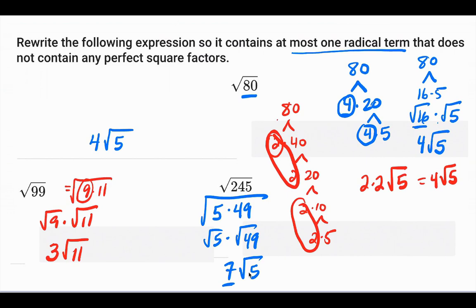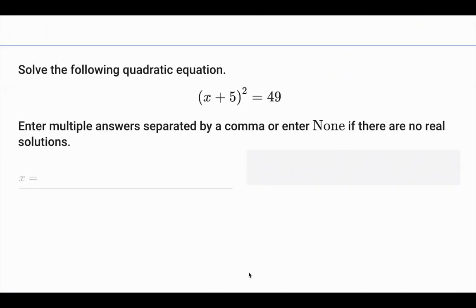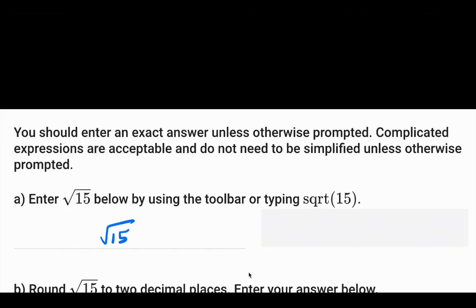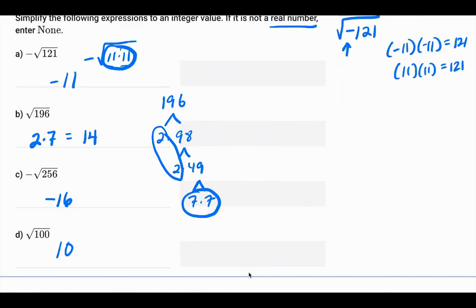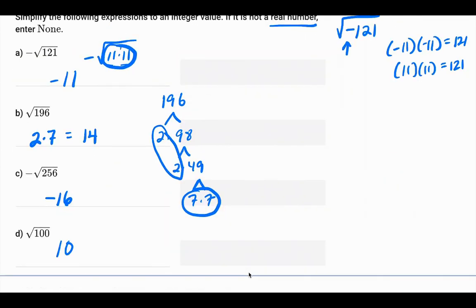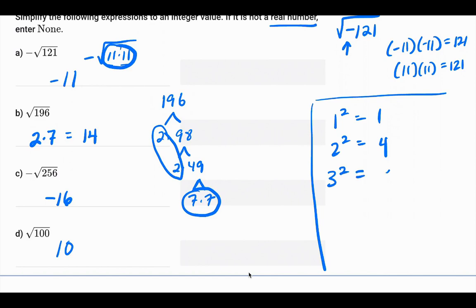One thing that might be helpful on this is to make a list of the perfect squares. So if you wanted to print out a list: 1 squared equals 1, 2 squared equals 4, 3 squared equals 9, 4 squared equals 16, 5 squared equals 25, 6 squared equals 36, 7 squared equals 49.